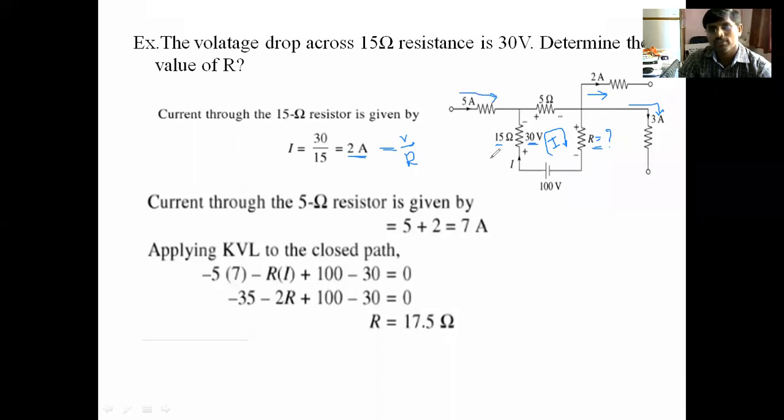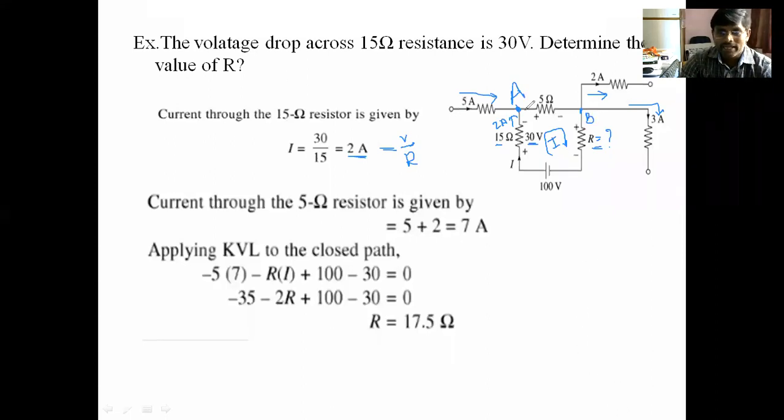From here, 2 amp is coming, and here 5 amp is coming and joining these two at this point. Now suppose you call it A, and you call it B.